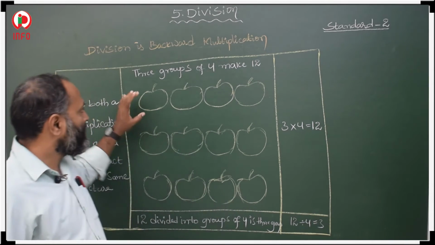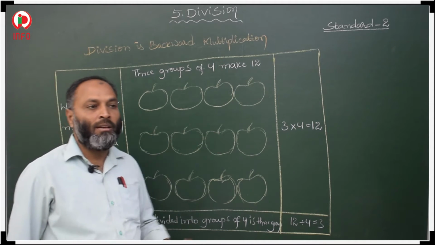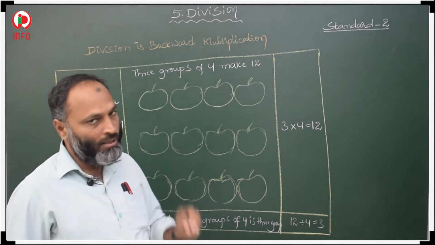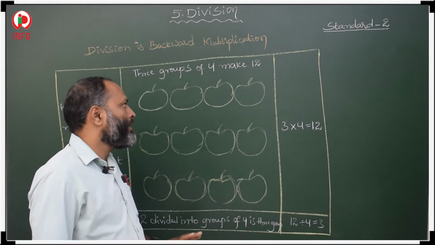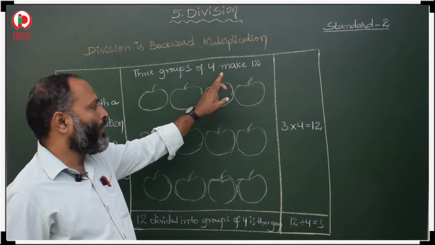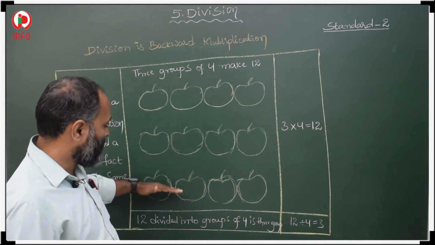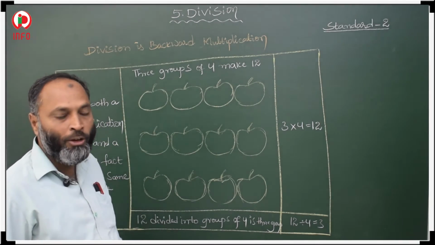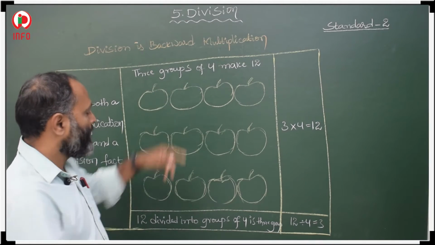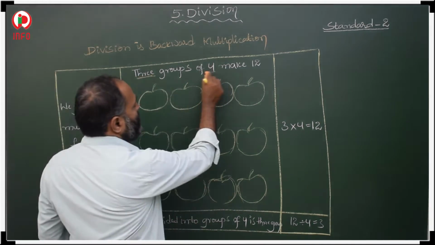Here the main thing we have to focus on is multiplication and division. What is a multiplication fact and what is a division fact, that we have to focus on. See here, total 3 groups of 4. This is the first group, this is the second group, this is the third group. Total how many groups are there? 3 groups.